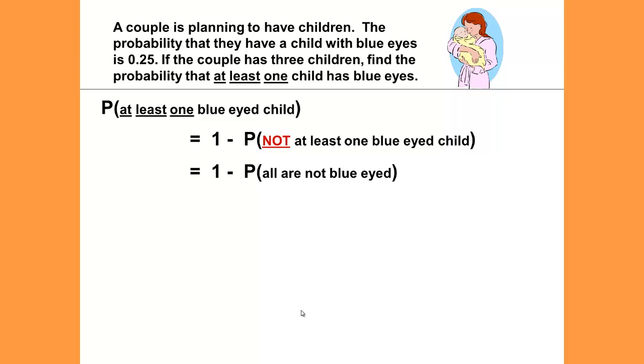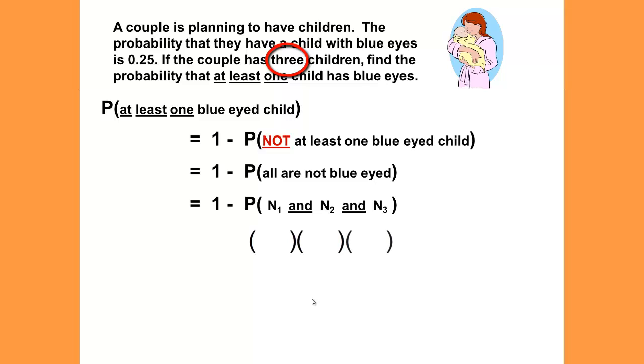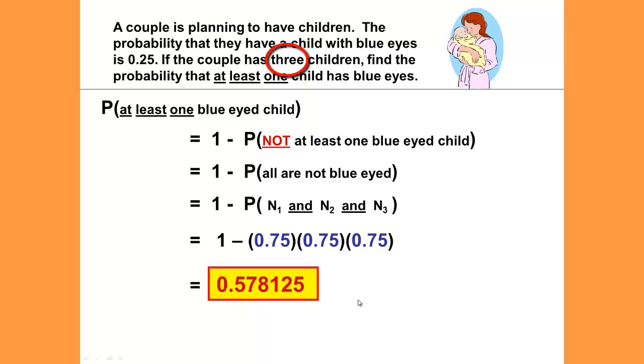And what is not being at least one blue-eyed child? That they all are not blue-eyed, and since we're doing 3 of those, that'll be the probability that the first is not blue-eyed, the second is not blue-eyed, and the third is not blue-eyed. So that would be 1 minus 0.75 times 0.75 times 0.75, and that gives us the same answer that we got before.